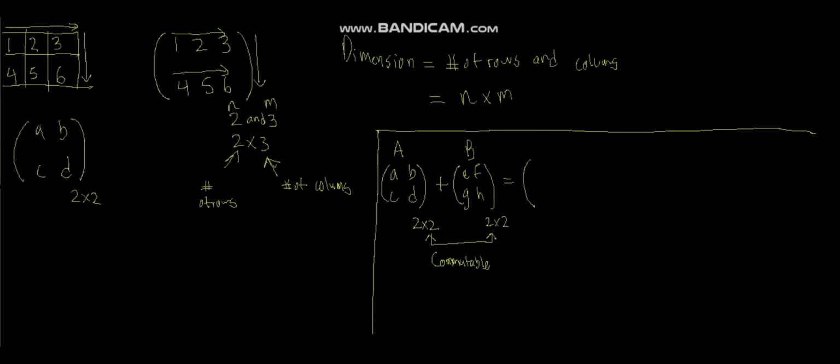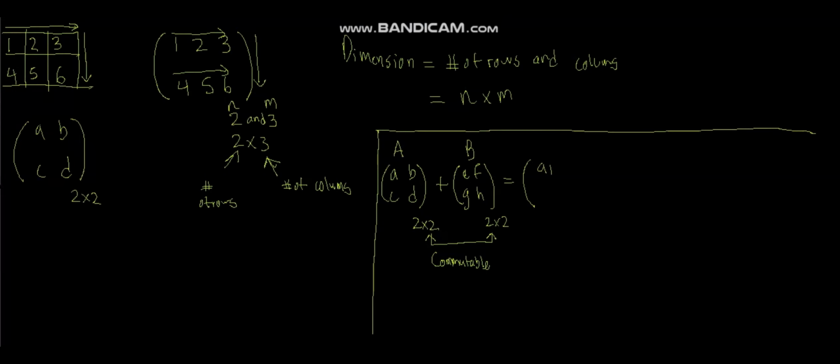So now that we have discussed matrix commutability, the general form of matrix addition is as follows. You add the corresponding elements from each of the matrices.